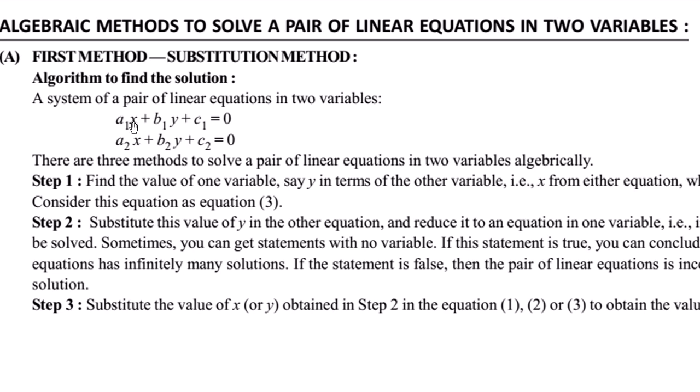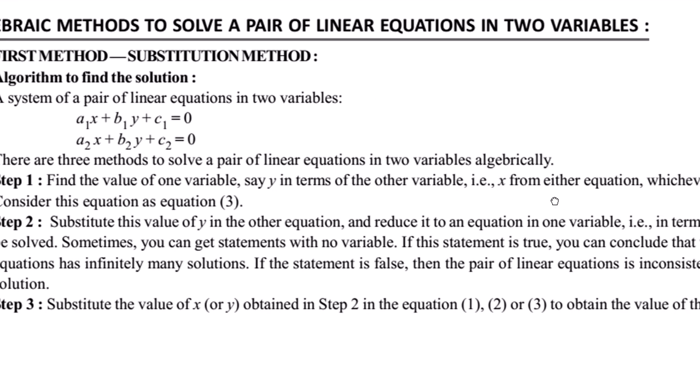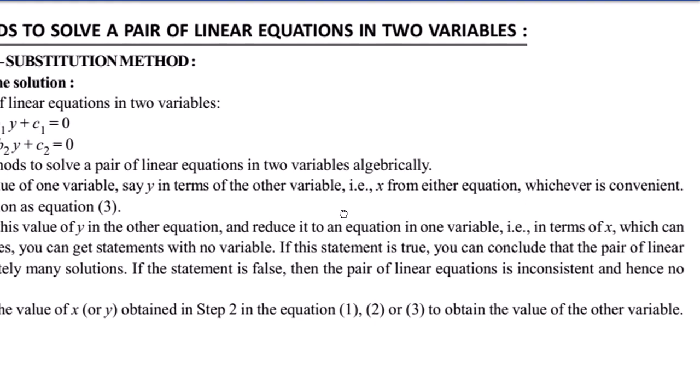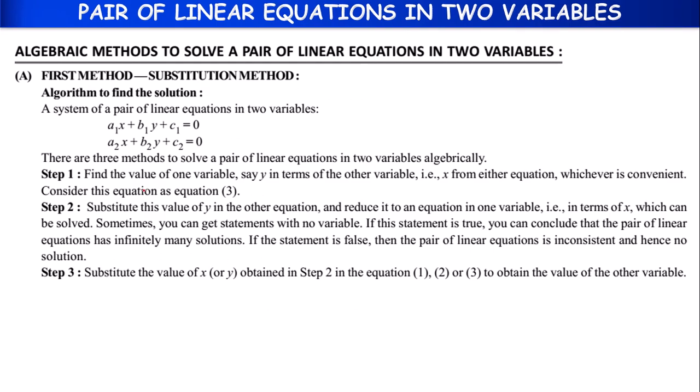Suppose out of x and y, say y in terms of the other variable, that is x, from either equation, whichever is convenient. So from one of these two equations, we have to find y in terms of x.